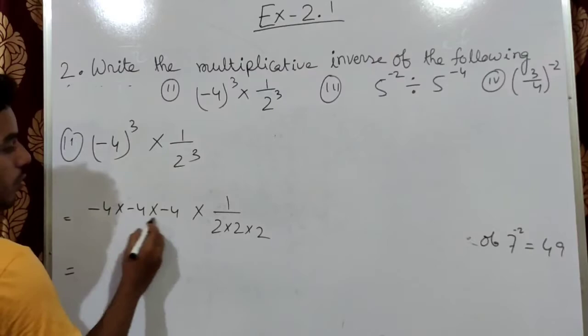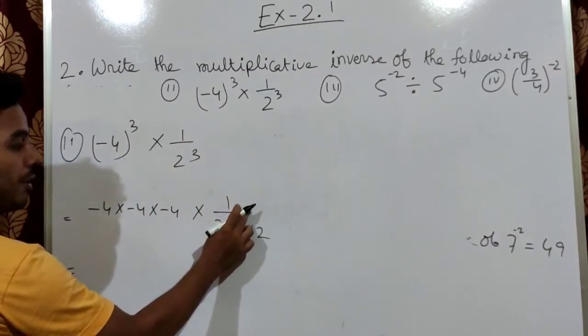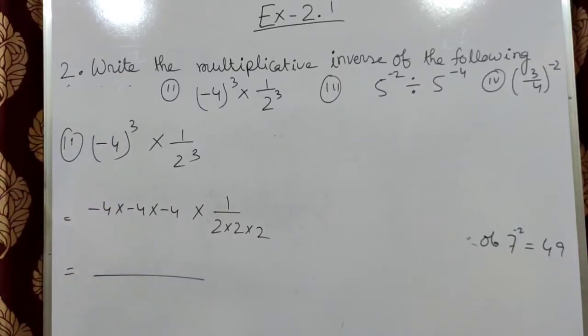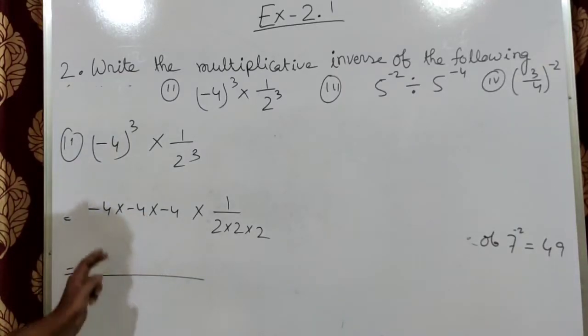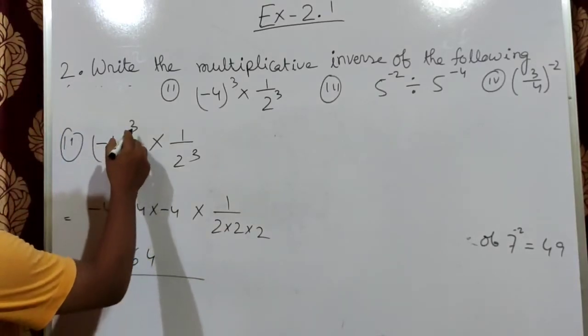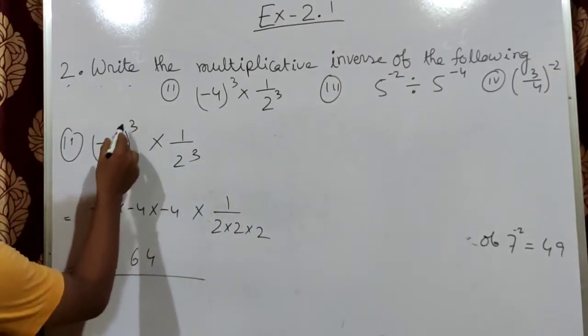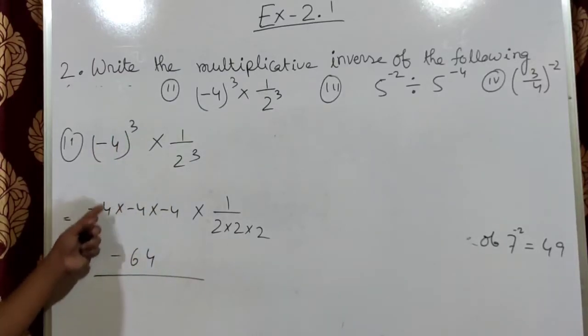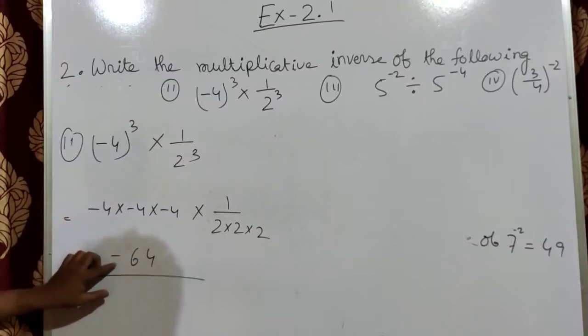So this is the numerator, right? Numerator times numerator, denominator times denominator. It will be -4 × 4 is 16, 16 × 4 is 64, and the power is odd, so the negative sign will be there.